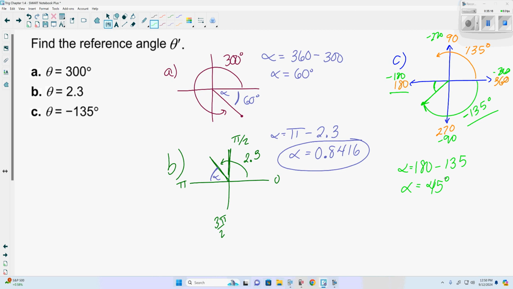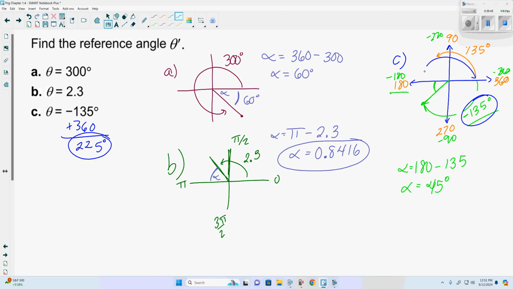Now, there's other ways to get to this, because if we wanted to, instead of doing it this way, what I could have found is the coterminal angle for negative 135, the positive angle. To do that, we would add 360 to it. And I'll do this over here. Because if I add 360 to our negative 135, the coterminal angle would be 225 degrees.